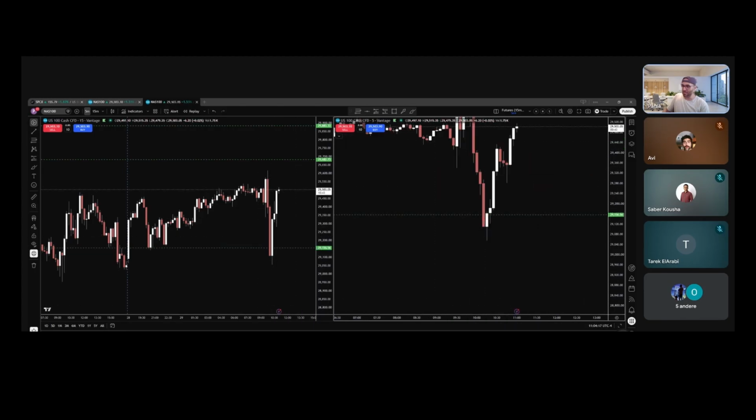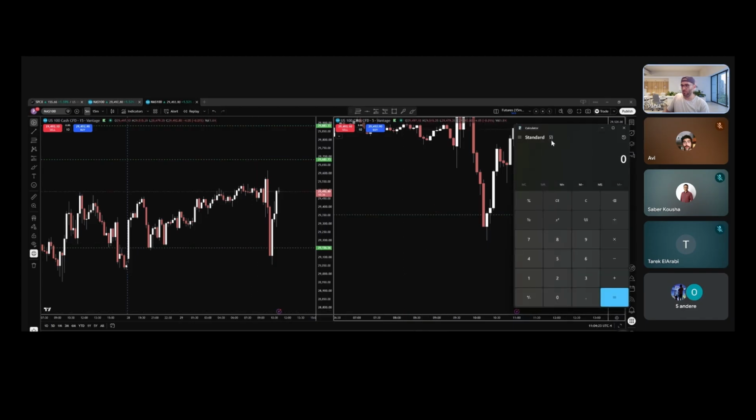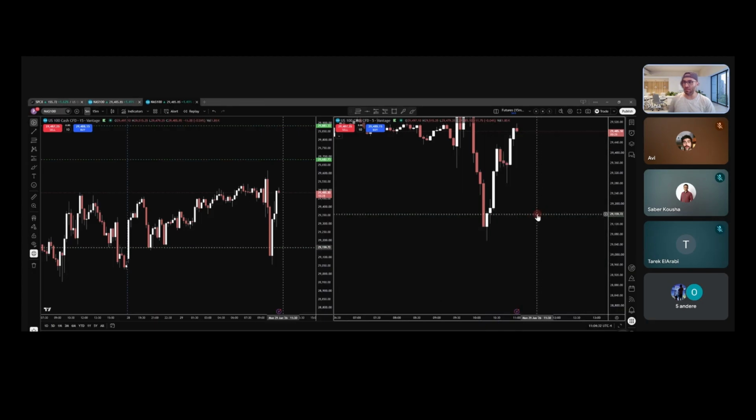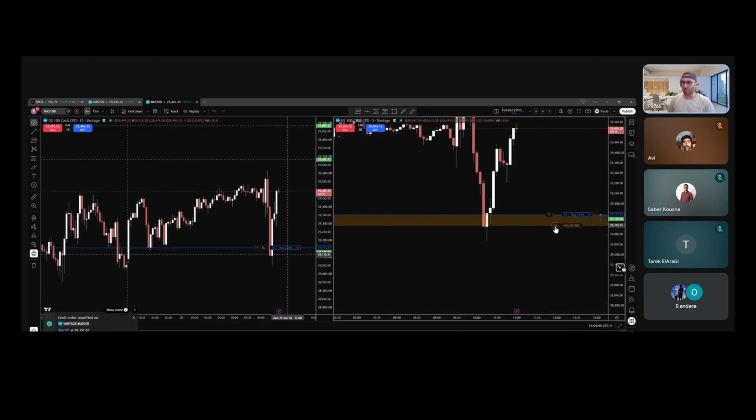I see a liquidity sweep here. If someone would like, can take the risk here. You say, you know what, I take the risk here, I get in here with the closing price, or you know what, it's a bit above the level, I put it here, just my stop loss goes below, for example here. It's a bit too much if you ask me.